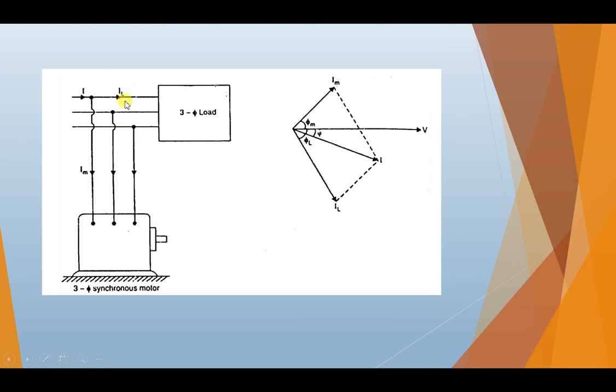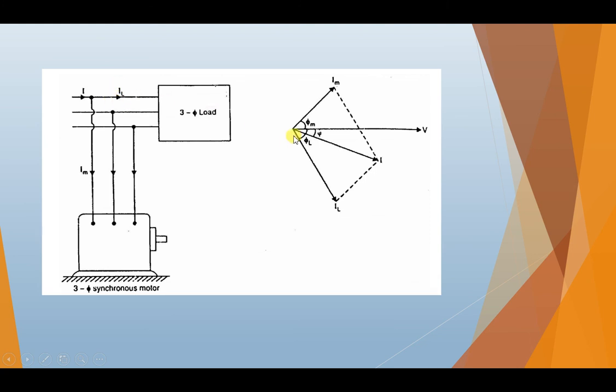IL is the load current, IM is the current from the synchronous motor, and I is the current in the three-phase system. We take voltage as a reference, and we know that mostly the load is inductive, so the IL current will lag behind the voltage.